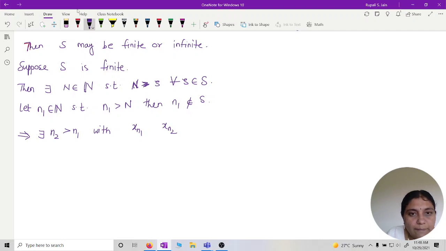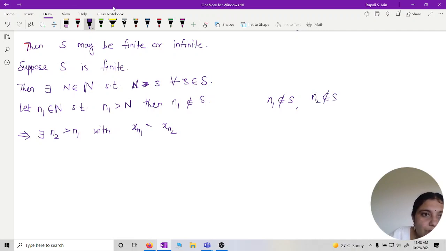Less than or greater than? n1 is less than n2, so xn1 will be greater than, according to our set condition. n1 does not belong to S, and n2 also does not belong to S.